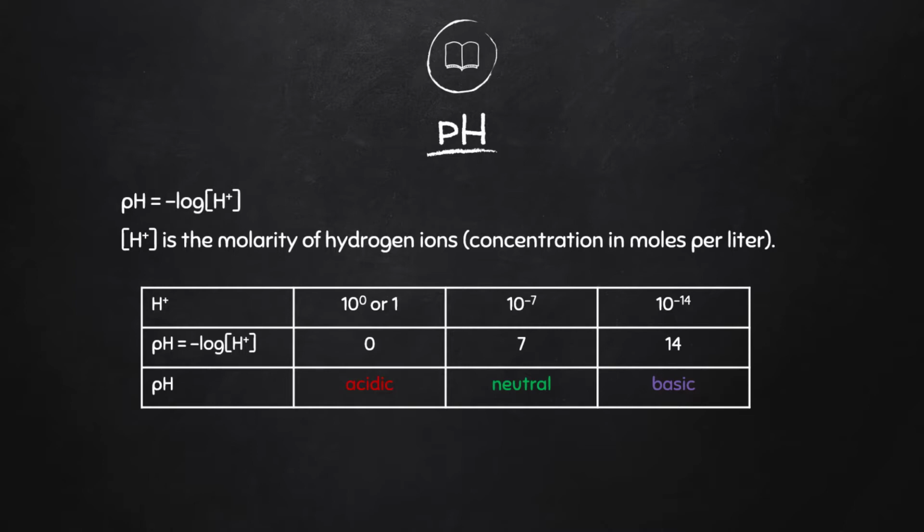So from the table, we have here H plus as the molarity of hydrogen ions or the concentration of hydrogen ions in moles per liter from 10 raised to 0 or 1 and 10 raised to negative 14. And if you input these values of molarity inside the pH level formula, you will have a value equal to 0 and 14.